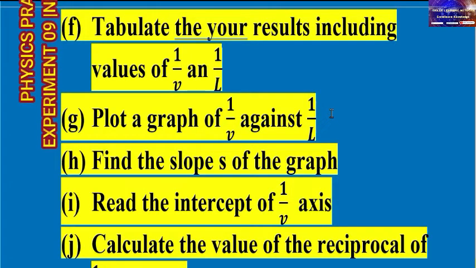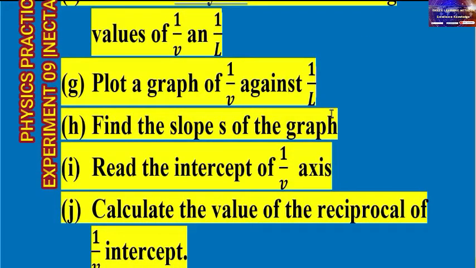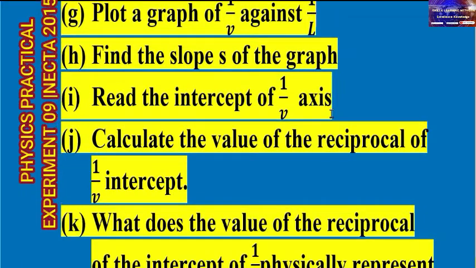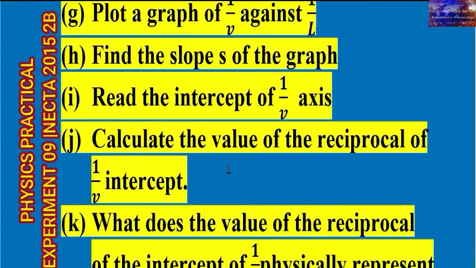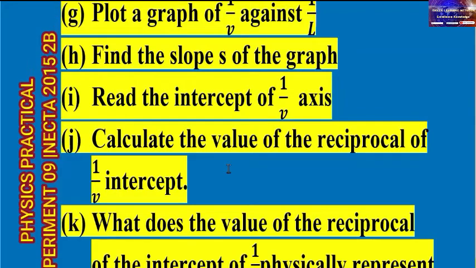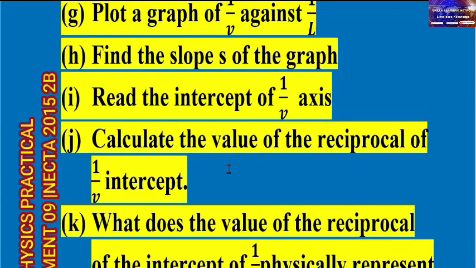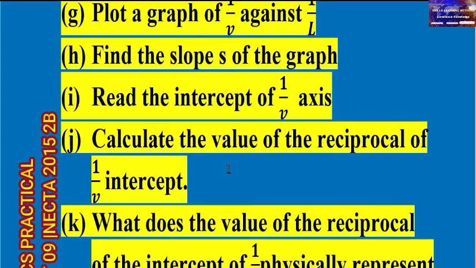Then find the slope of the graph. Number I: read the intercept on the 1 over V axis. Then calculate the reciprocal of the intercept. It means the intercept is 1 over V, so the reciprocal will be 1 over the value you read from the graph.